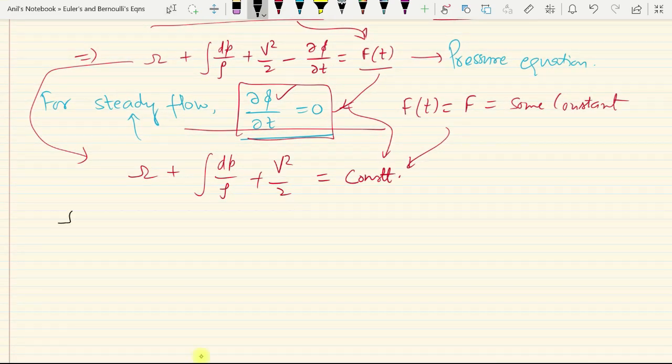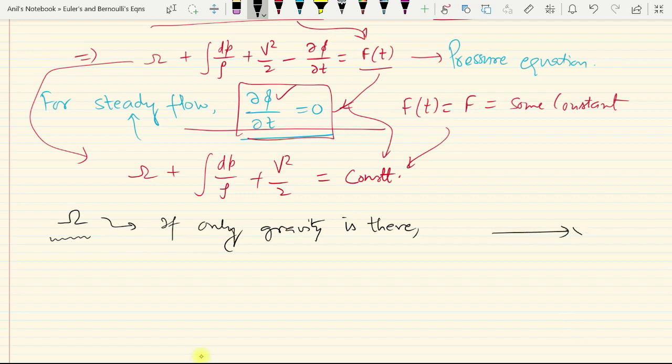Let us focus on omega. If only gravity forces are acting, and there is no other body force, then in the Cartesian system, g is the acceleration due to gravity acting downward. So as per the definition of omega, minus del omega by del x should be 0, because there is no body force along x direction.